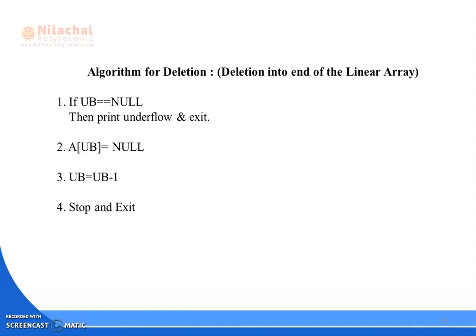In the second step, we will assign the upper bound as null. Even if there is only one element, we will first assign the upper bound to null. Then we will decrease the upper bound value by 1. So let us take one example and explain.